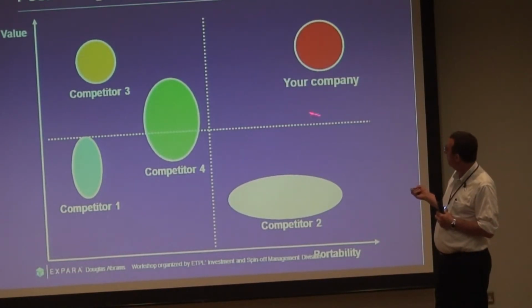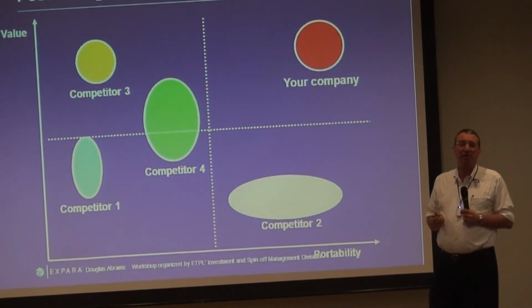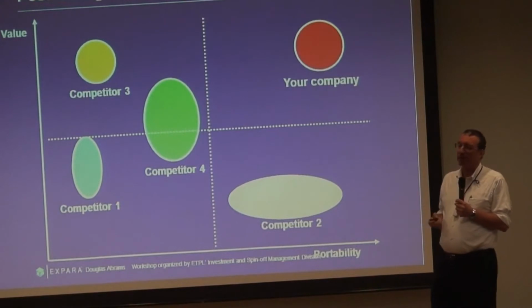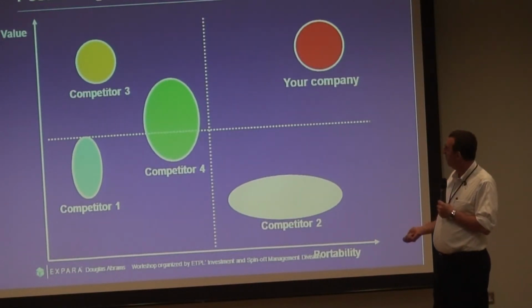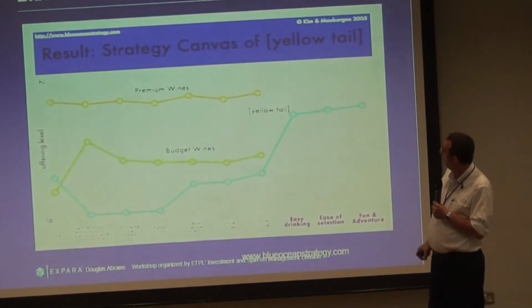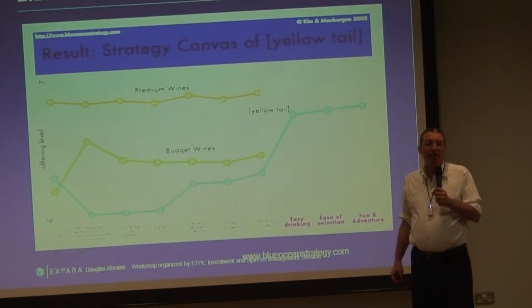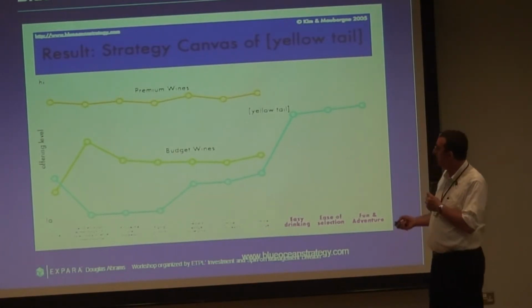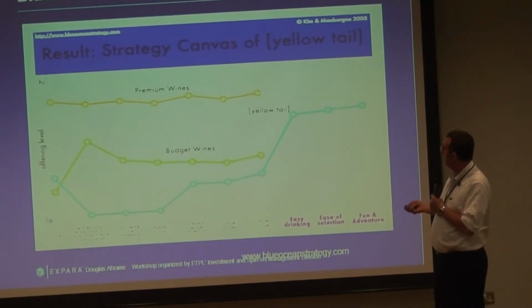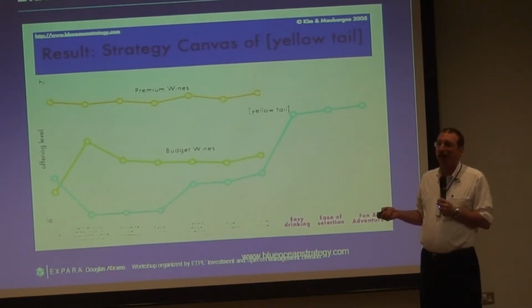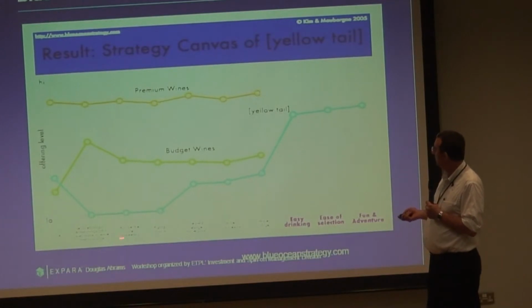And this is clearly an attractive segment for us to enter. It's not contested. There's some potential for competitors to enter this segment, but not that easily. This is a more multi-dimensional positioning map called a strategy canvas, where instead of looking at only 2 dimensions, we can look at what we call factors of competition.